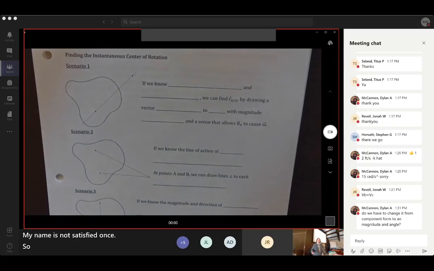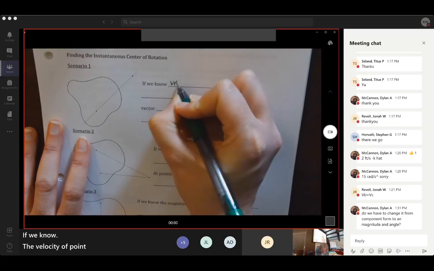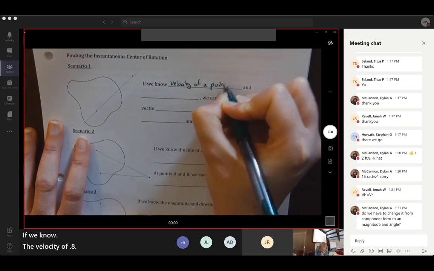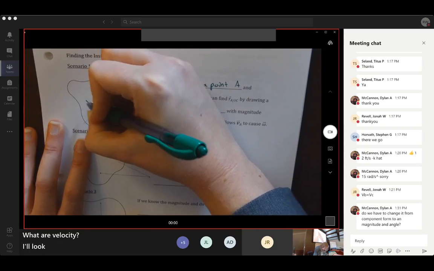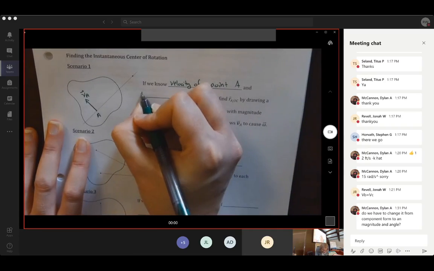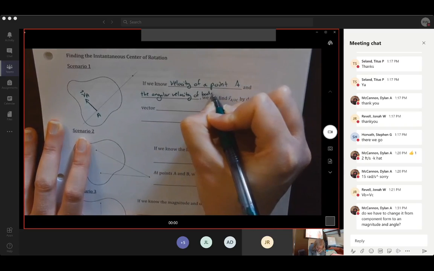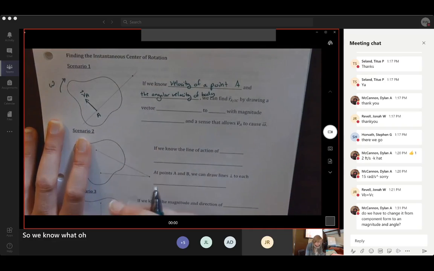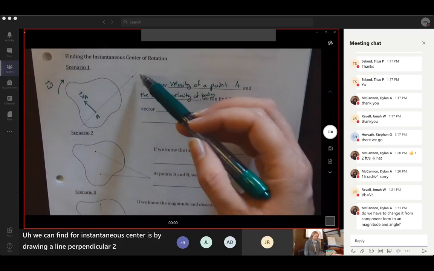So for our first scenario, if we know the velocity of point A, it doesn't matter where it is, but if we know the velocity of a particular point on an object, and we know the angular velocity, so we know what omega is, we can find where our instantaneous center is by drawing a line perpendicular to our velocity.